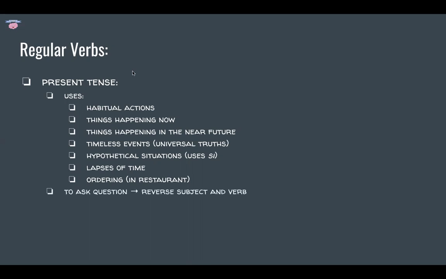To ask a question in present tense, you reverse the subject and verb. So if earlier it was you are sick, so this is how you write in English. In Spanish, you would write estás enferma.